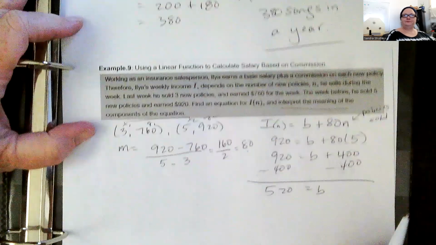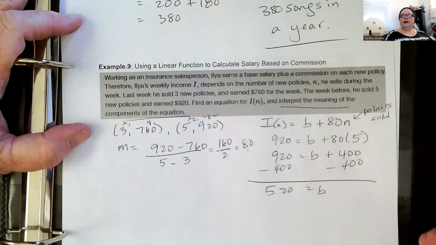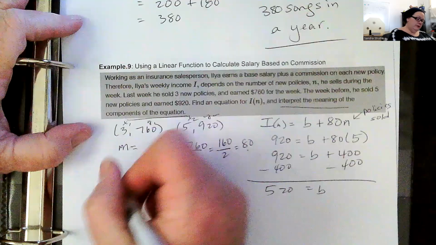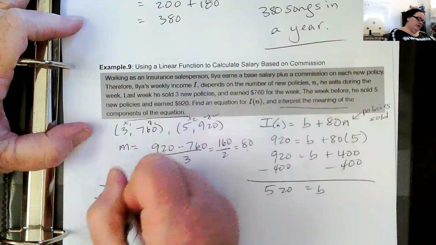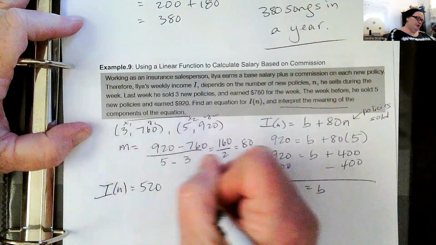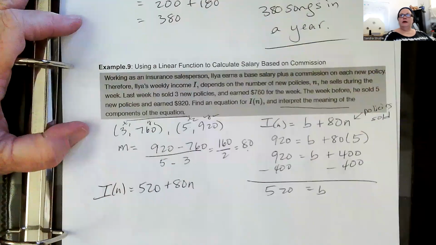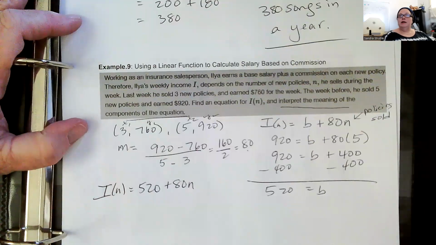All right, so we now know the rate of change. We now know the initial base salary he gets. Let's create our function. I of n is equal to 520 initially, and then $80 per new policy.